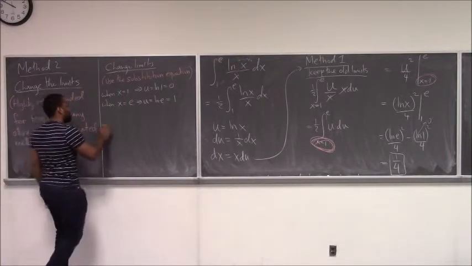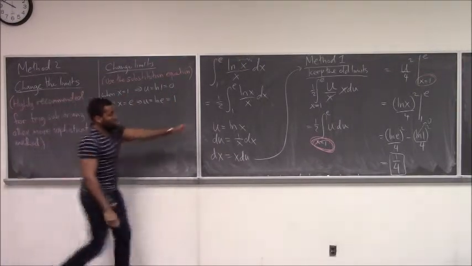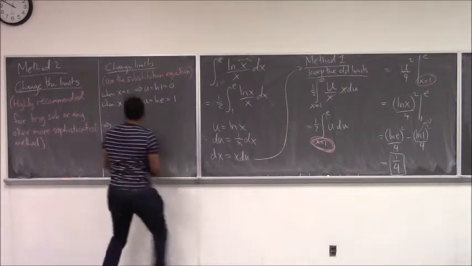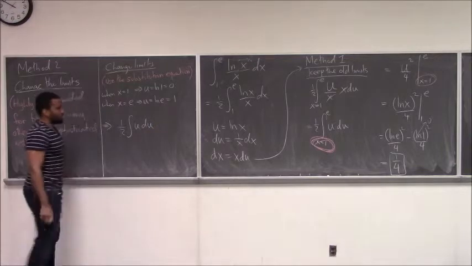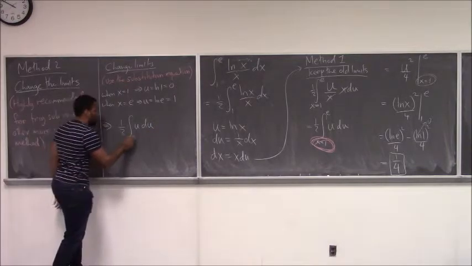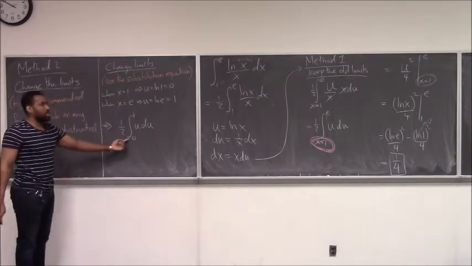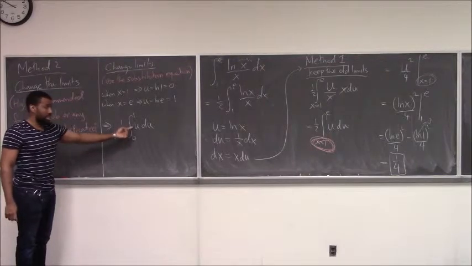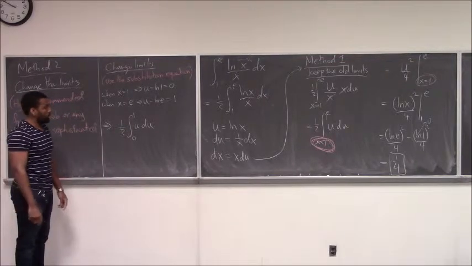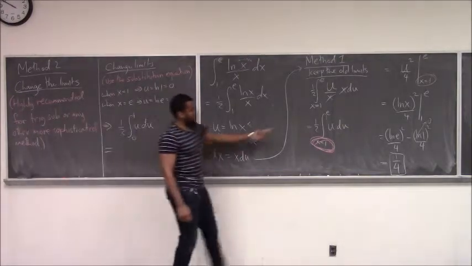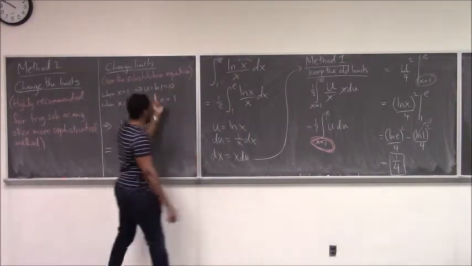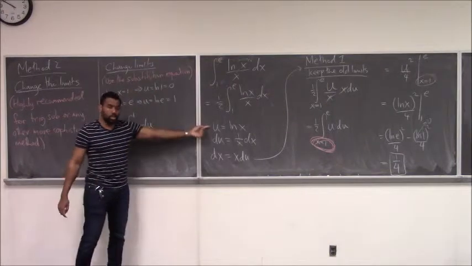And so now I can start plugging in these guys and get to the 1/2 u du. The difference here is I can now put 0 and 1, and I don't have to state what variable that belongs to because it actually belongs to the variable u. So I'm not leaving the x limits, I change the limits based on my substitution equation.